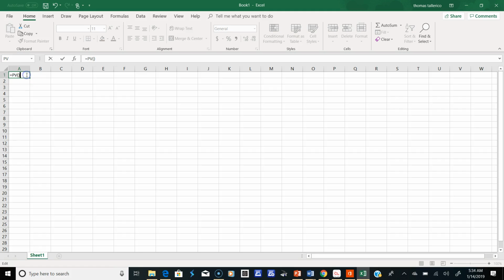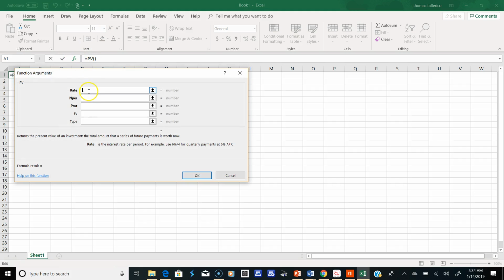So actually, let me see if I can bring it back up here. All right, so if I put like 6% for 3 years, and let's say it's not an annuity, and I don't put any payments in, I want to know I want to have $1,000 in 3 years at 6%. And this is what I want to have.